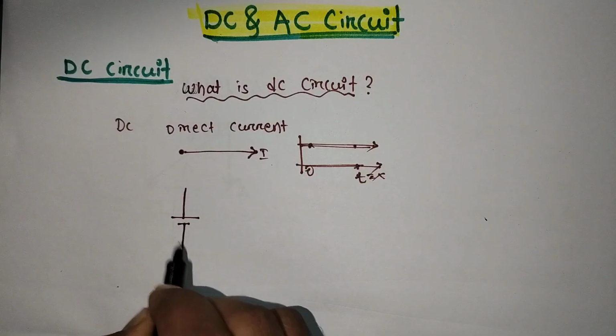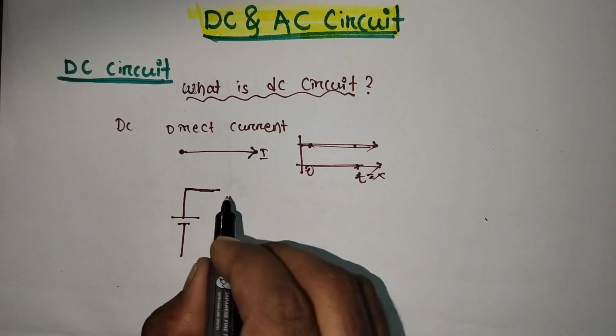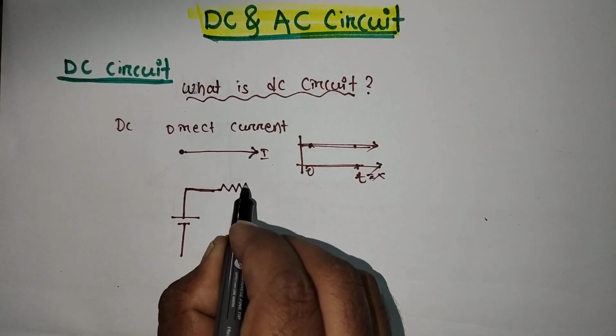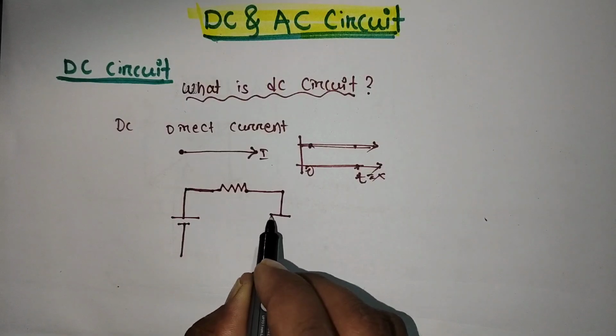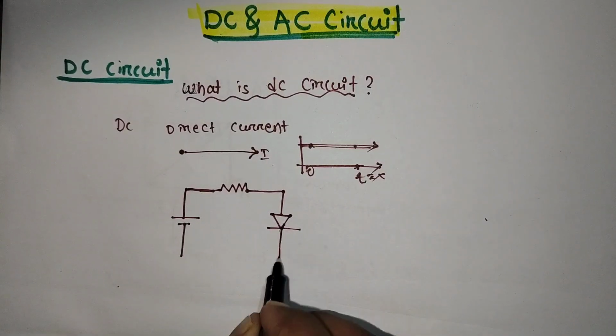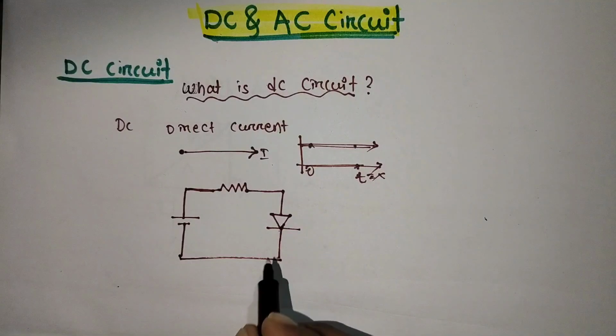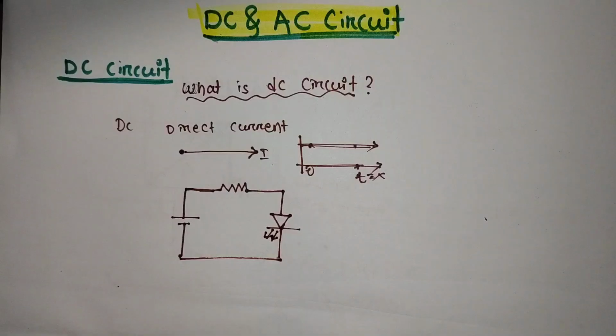Here I connected one battery. The battery is the source of DC. Here we are going to make a DC circuit, just one basic circuit. Later we will go to the important circuits and how we are going to use them in our analog design.